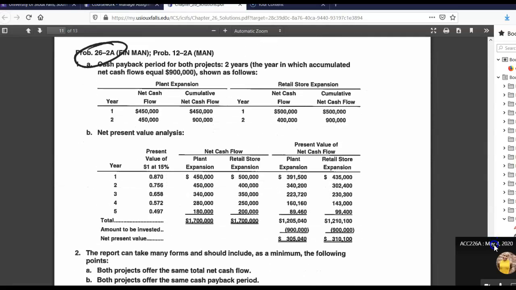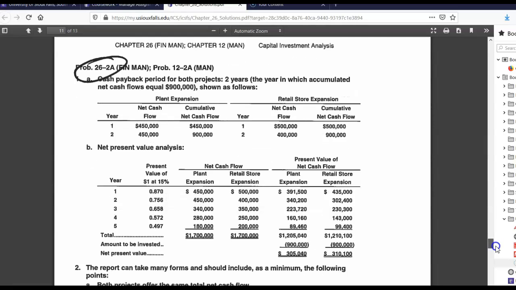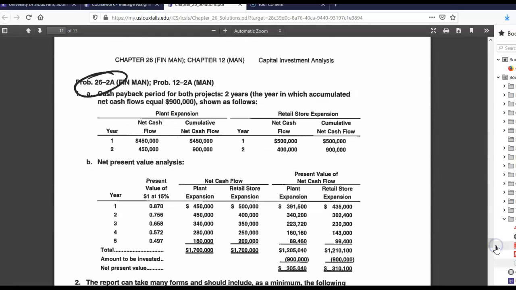And 2A, it appears, let me make sure I got this right. Yes, 2A, we're just looking at two things, cash payback, and again, the net present value.